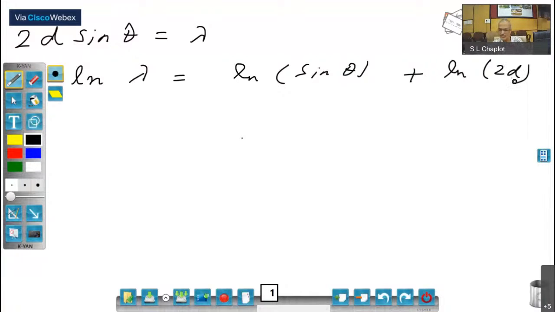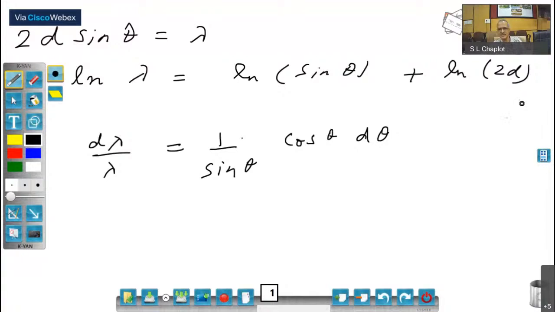So if I just differentiate it now, d lambda over lambda will be equal to 1 by sine theta into cos theta d theta. And that is 0 because that is a fixed wavelength.